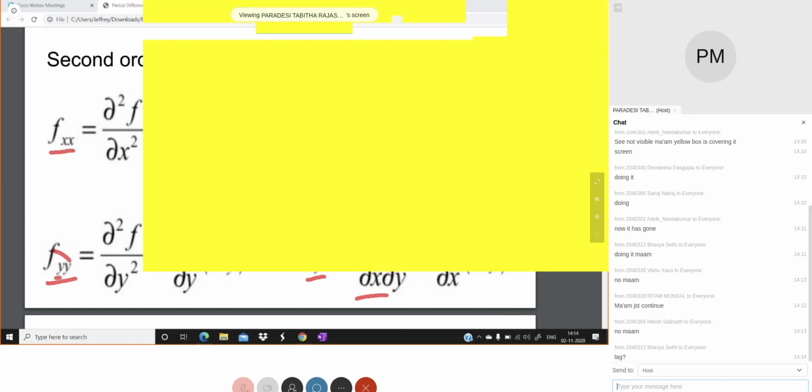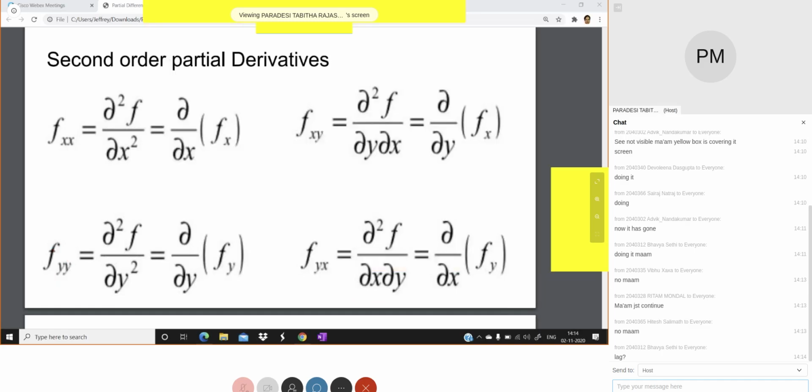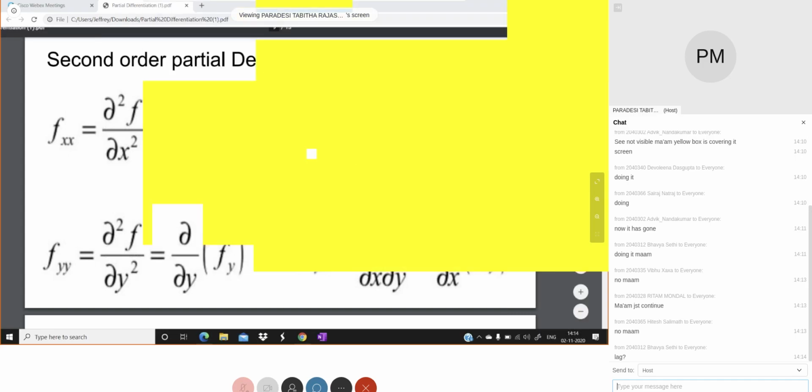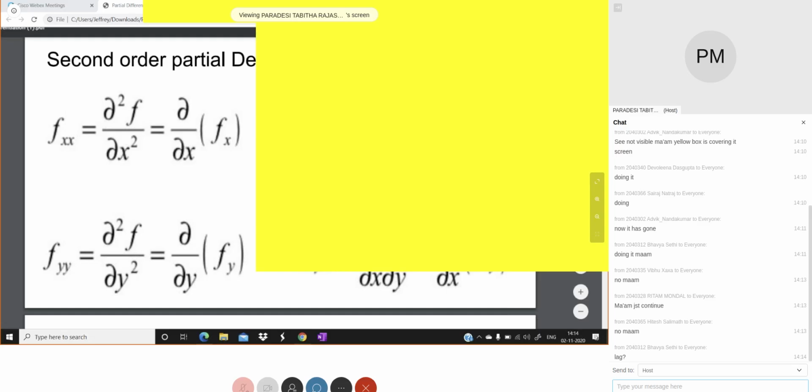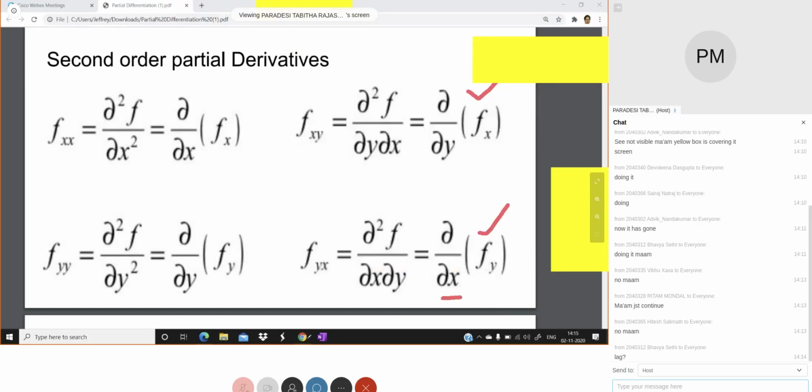So the notation is correct. The previous slide wrote it in terms of z, and now you're writing it in terms of f.